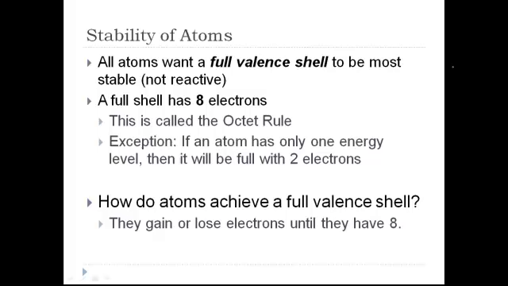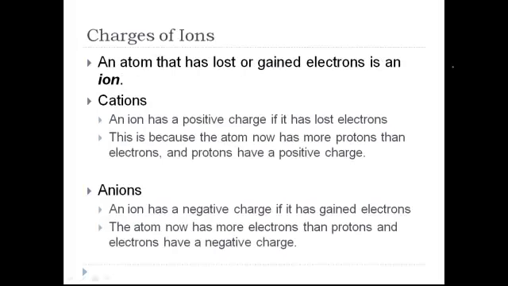So how does this happen? How do atoms get a full valence shell? They're either going to gain or lose electrons until they have 8 in their valence shell. So an atom that has lost or gained electrons is called an ion, and there are 2 types of ions. A cation has a positive charge because it's lost electrons. Now this is a little bit tricky.